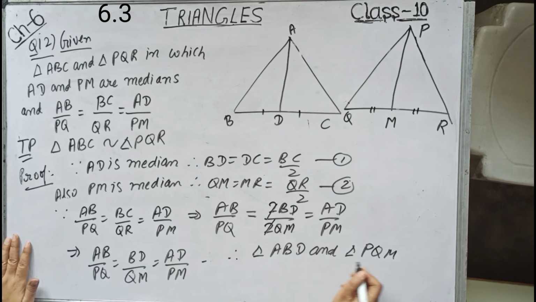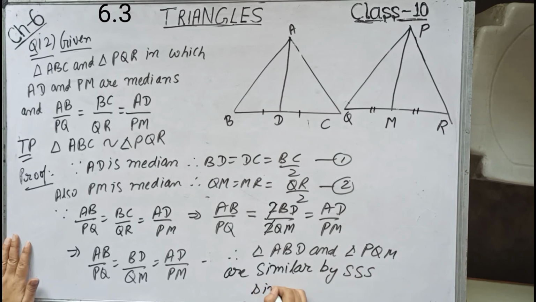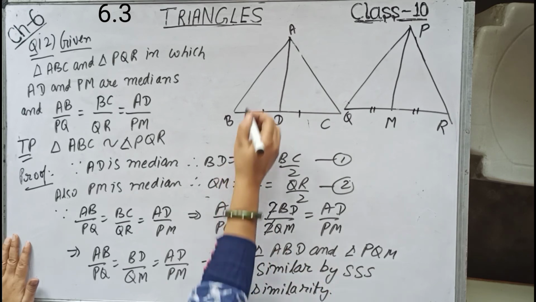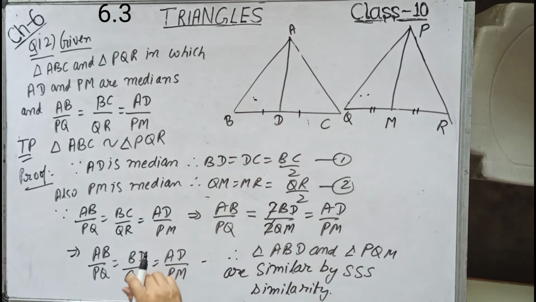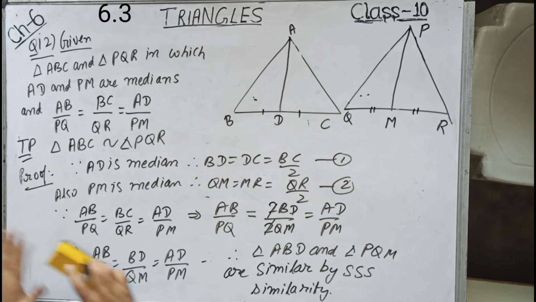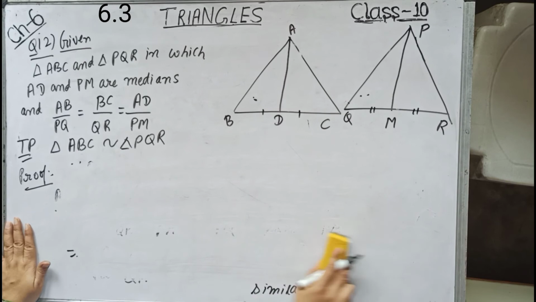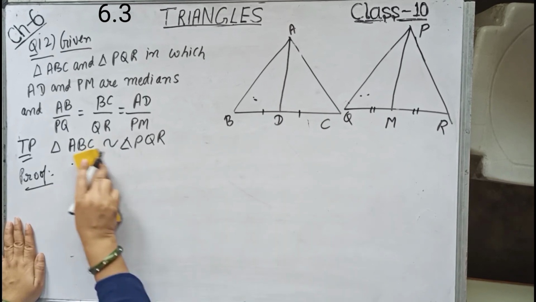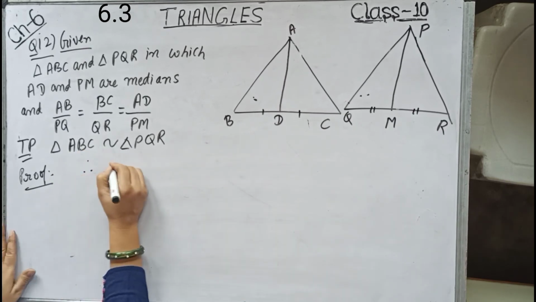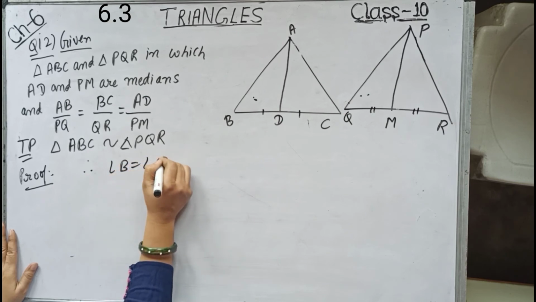Therefore, triangle ABD and PQM are similar by triple S similarity. Now we have proved that these two triangles are similar. Once they are similar, I think now no problem, children, we will be getting the result easily. Therefore, angle B equals angle Q.